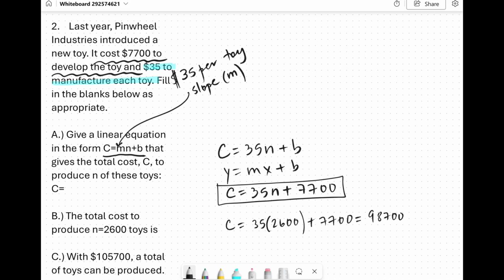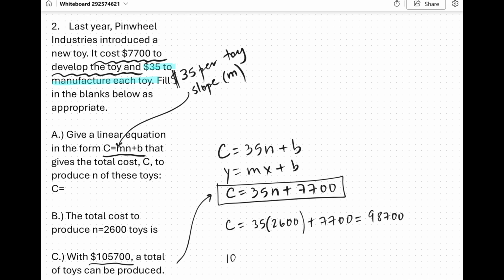And that's it. That answers part B. Part C, with $105,700, a total of toys that can be produced. So in this problem, we will still use our same equation, but instead of replacing n with a number, we will replace C with 105,700.